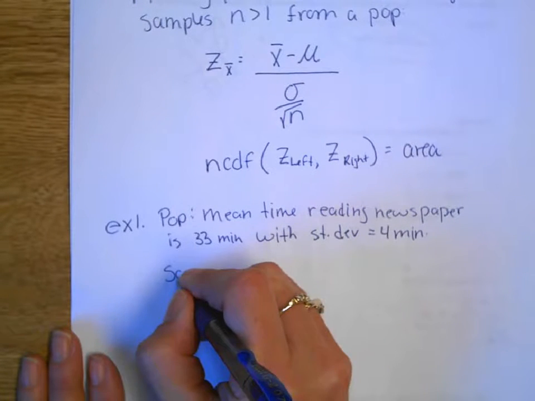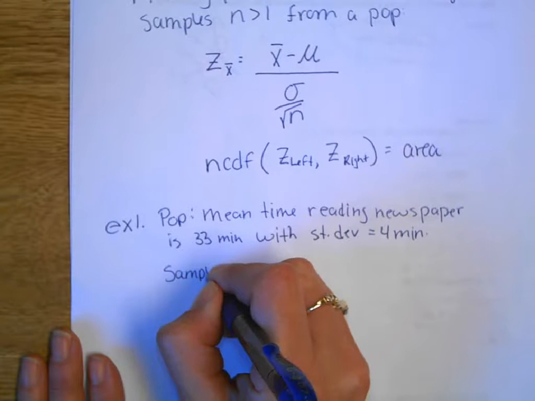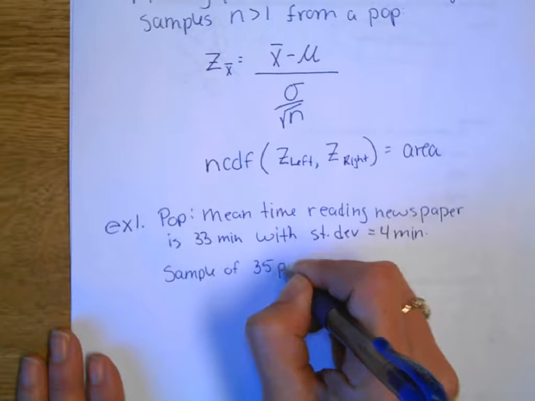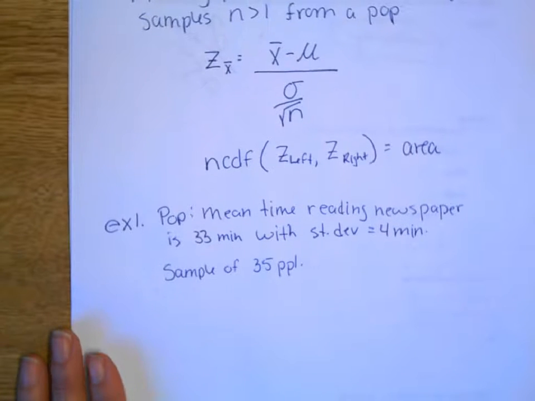You are going to take a sample of 35 people from this population.